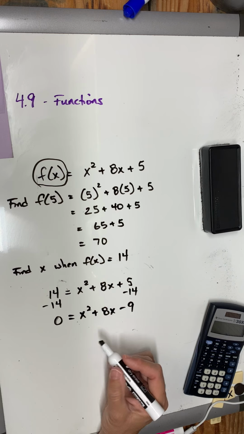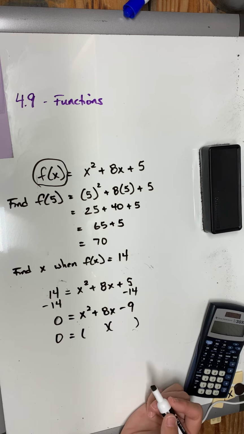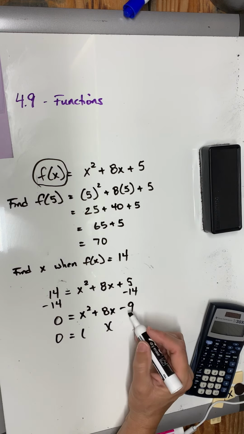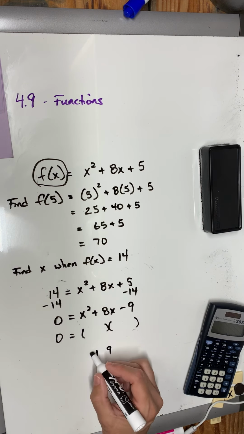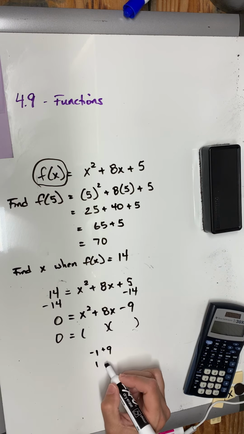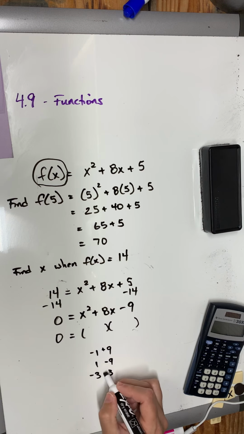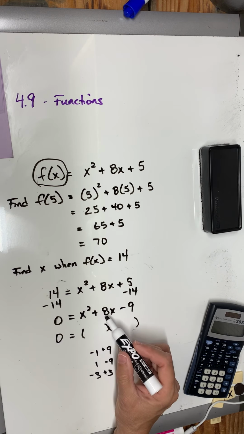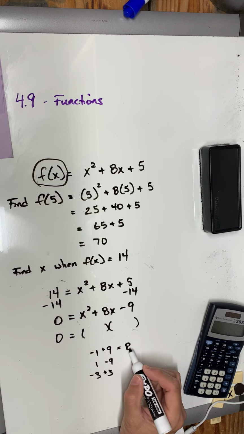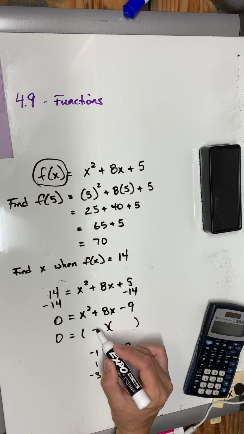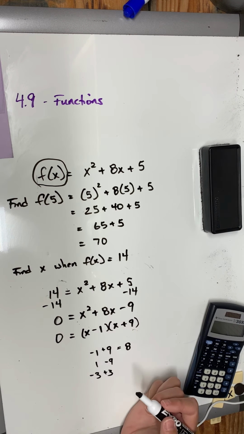A couple ways of doing this, okay? Some of you got pretty good at factoring. I'm looking for factors of 9, so 1 and 9. Signs are different, so my options are that or that. Other factors of 9 would be 3 and 3, but that doesn't work because I can't put them together to get an 8. Negative 1 plus 9 equals positive 8, which is what I have. So this must be a minus 1, a plus 9, an x, and an x.